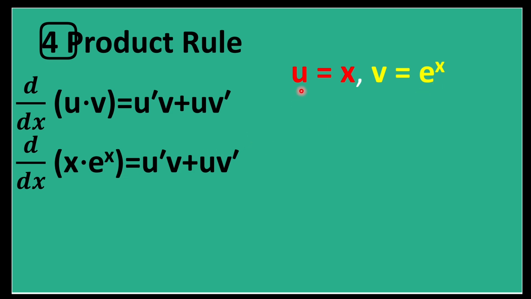Now we will differentiate these both values, because now we have the value of u and v, but we don't have the value of u prime, that is differentiation of u, and v prime, differentiation of v. So we will find out the value of these u prime and v prime.